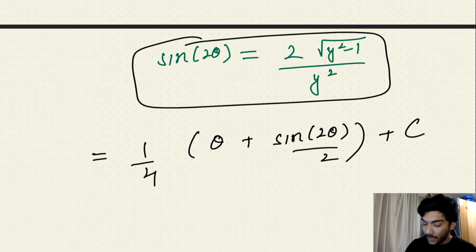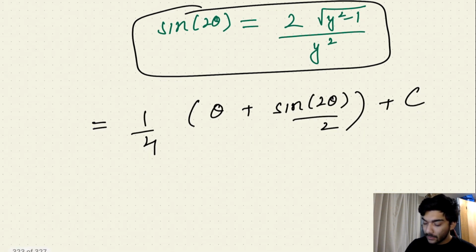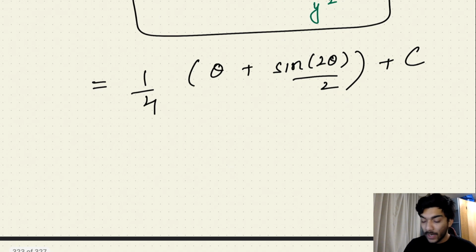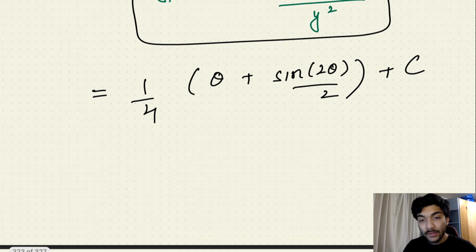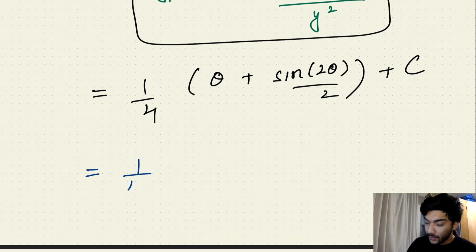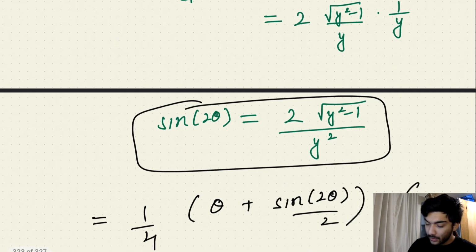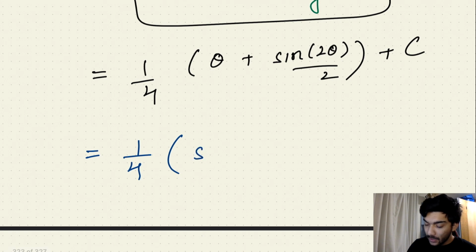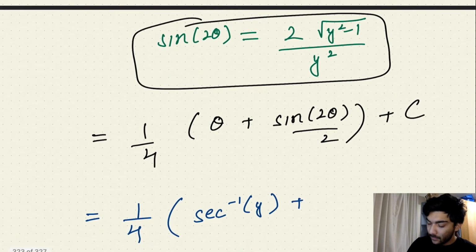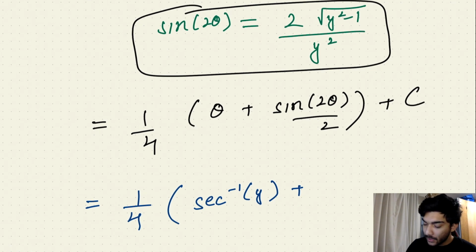And the answer you'll get will be in terms of y. So we'll have to do one more conversion from y to x in this case. But first, let's write this answer in terms of y over here. So this would be 1 by 4. Theta is basically secant inverse y. So secant inverse y plus sine 2 theta by 2.